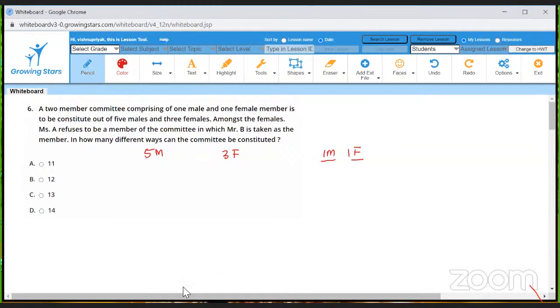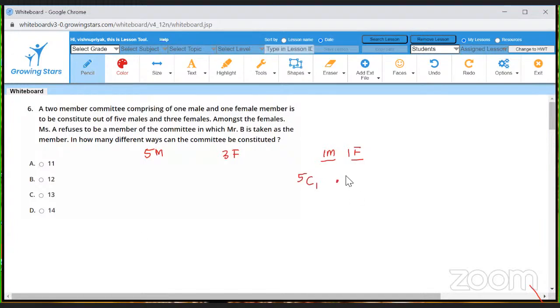So what will happen? You have to select. This is not arrangement. You have to select 1 male. From 5, you will select 1 male. So it can happen in 5C1 ways. One work is over.